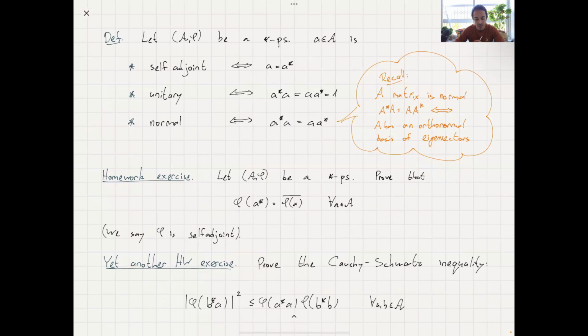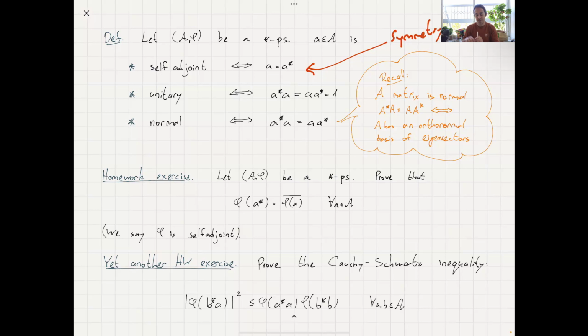And in a star probability space, there are some special elements. The most special is the self-adjoint element. So an element A in the star algebra will be called self-adjoint if it equals its star version. For matrices, for example, that just means the matrix is symmetric or Hermitian, but essentially symmetry.